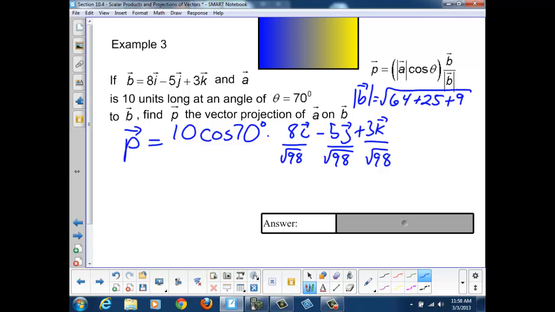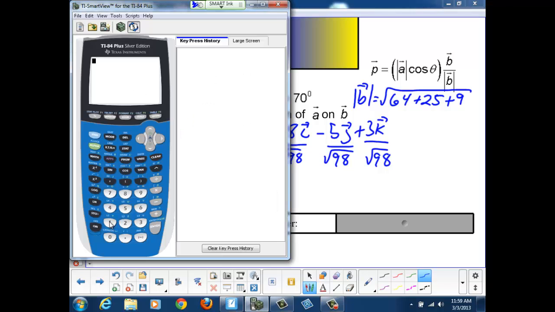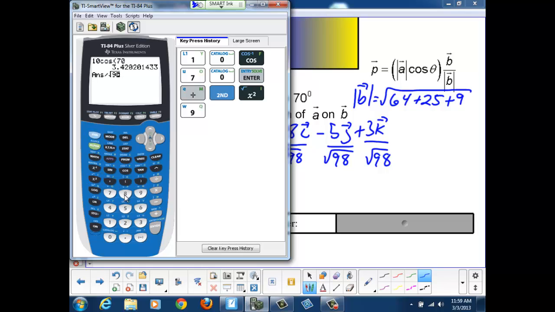So now we pull out our calculators and we calculate 10 cosine 70, and we divide that by the square root of 98, and we get this 0.3454. I'm going to store that to A to help me with some later calculations.